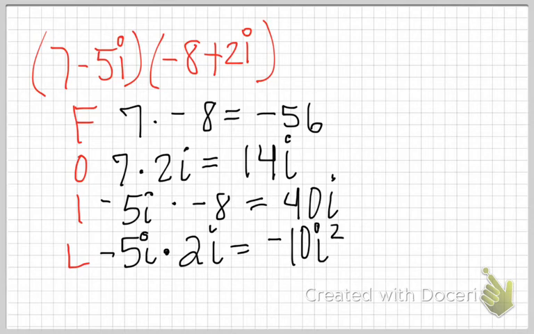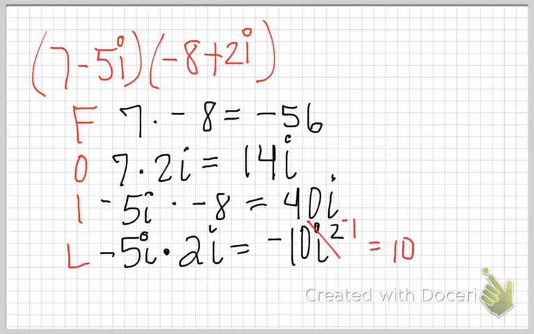The only thing that I need to focus on first before I combine my terms is this i squared idea here. I can replace i squared with negative 1, and negative 10 times negative 1 becomes positive 10.